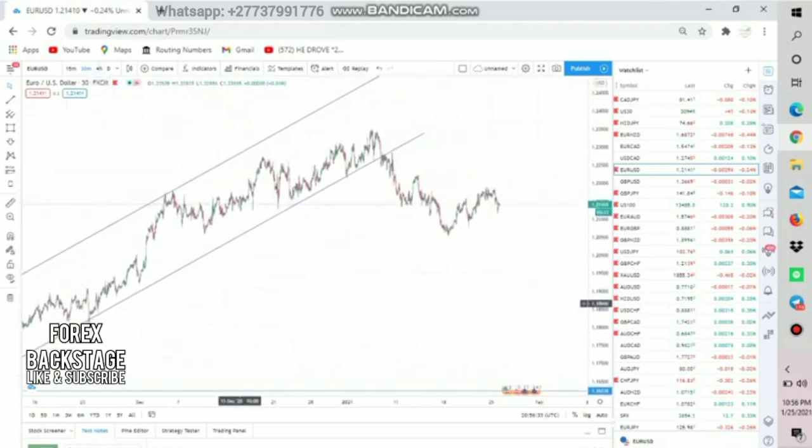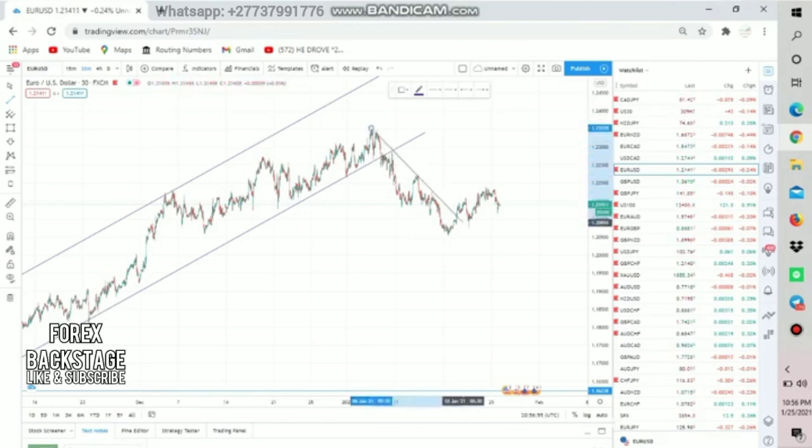A trend change sign is something like this, as you can see here. It's more like a trend change, because this is a high, and this is a lower high and a lower high and a lower high. So even here, there is a form of a channel, which means that the trend is changing, but for a short period of time, because this is a 30 minutes time frame, not the bigger one.